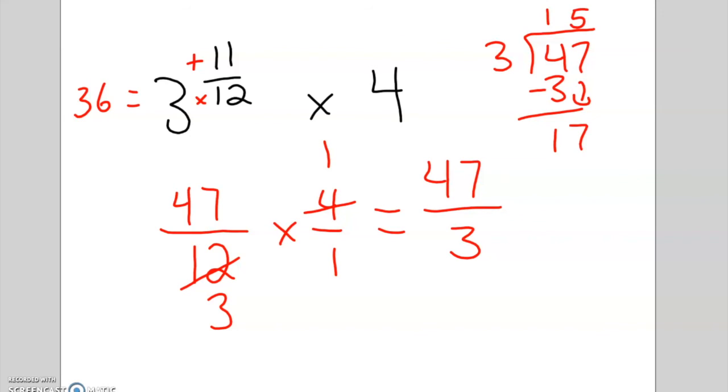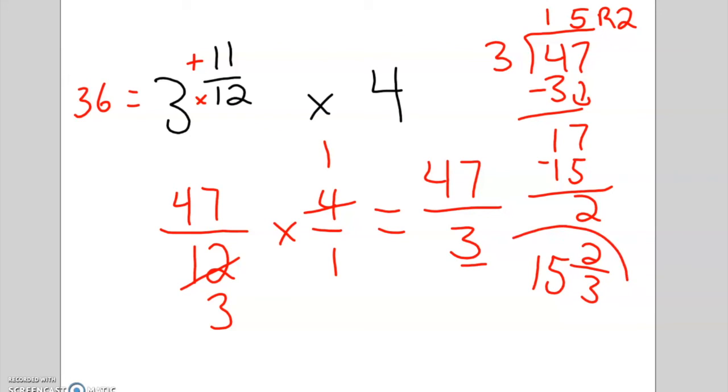That's 5. 3 times 5 is 15. Subtract, you get 2. And so we have 15 and 2 is the remainder, and the bottom stays the same. Thirds. 15 and 2/3 is your answer.